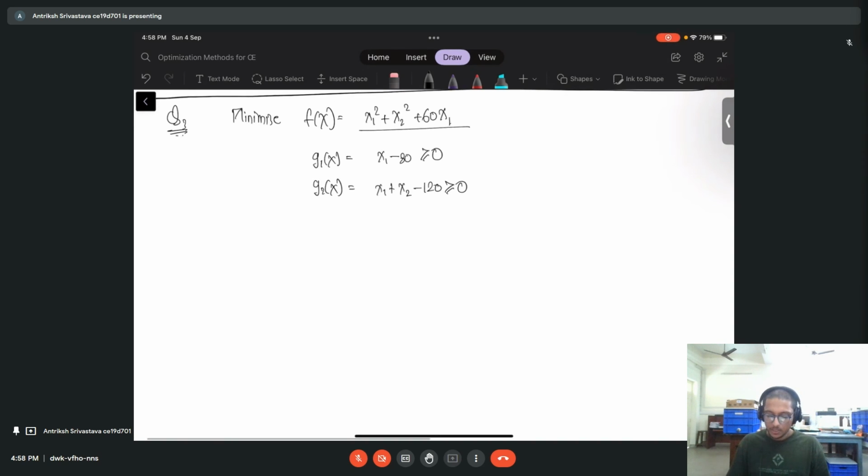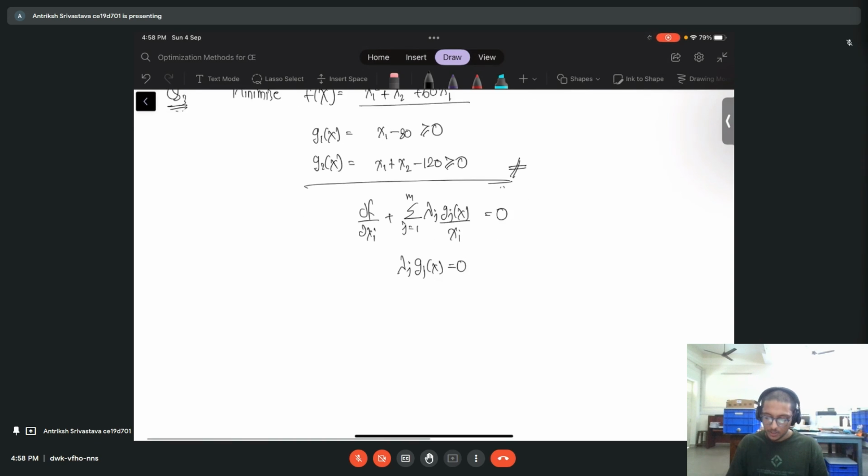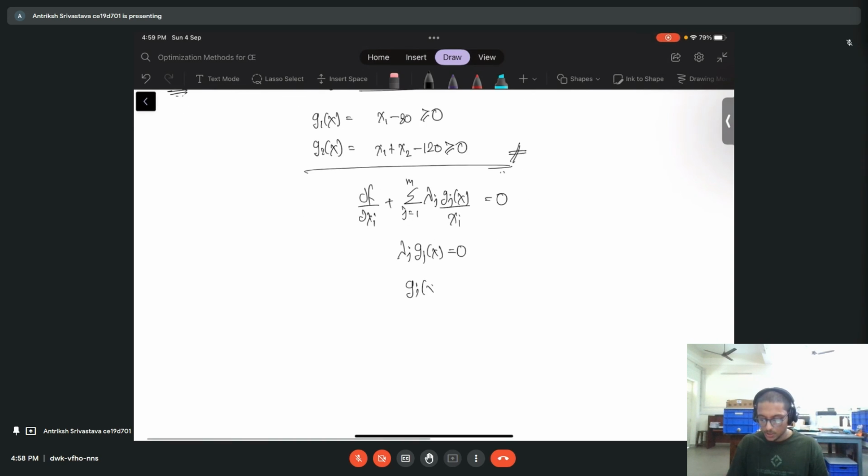So of the four conditions, the normal ones where we don't have to apply much brain, we can just finish them off, that is this, and this. Now I want to know what I should write here and what I should write here.